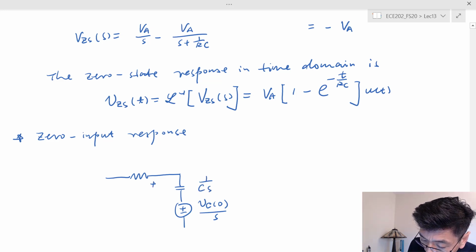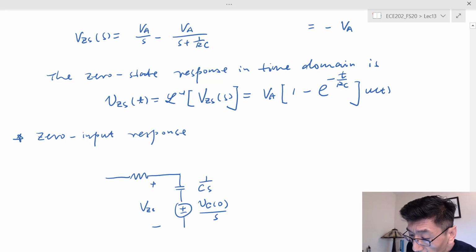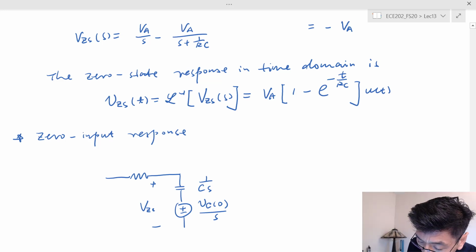This V sub C, we call the zero input, ZI. Let's call it V sub ZI of s.